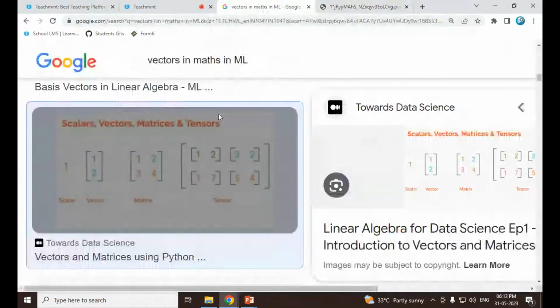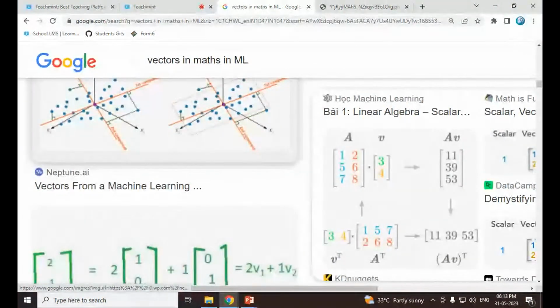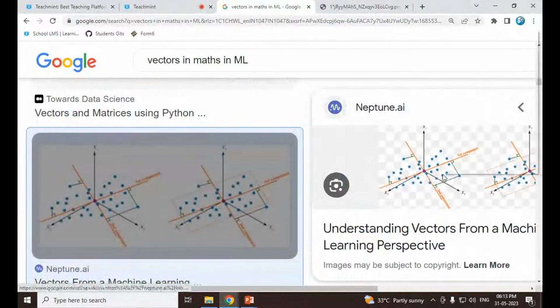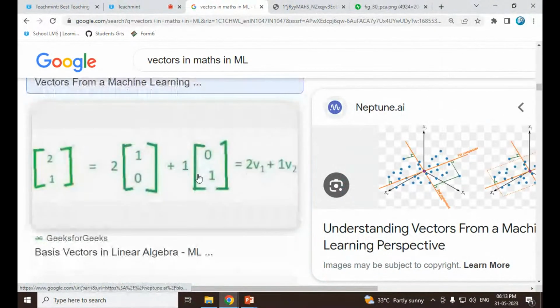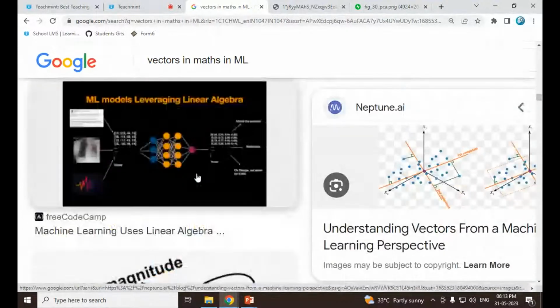Understood. We have other vectors, but if you can understand, we can take the 3D diagrams.